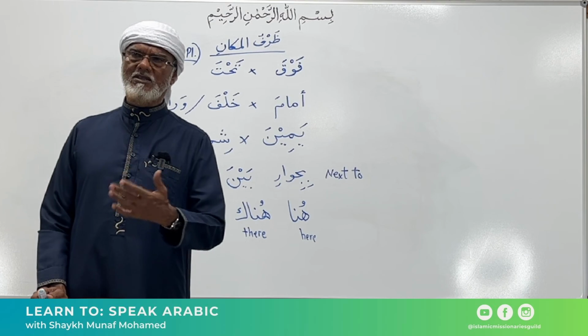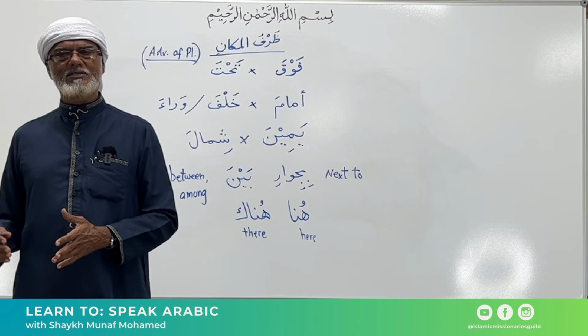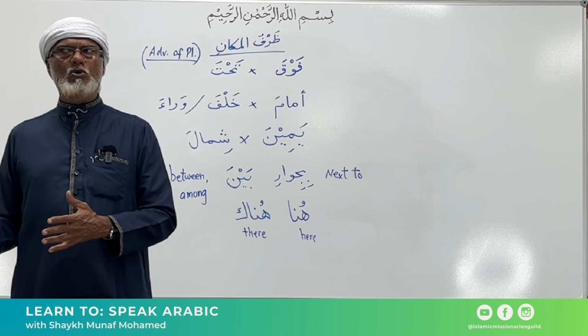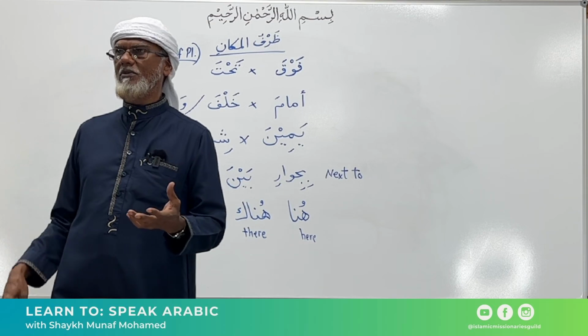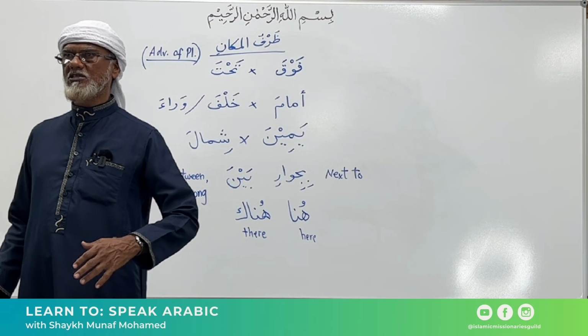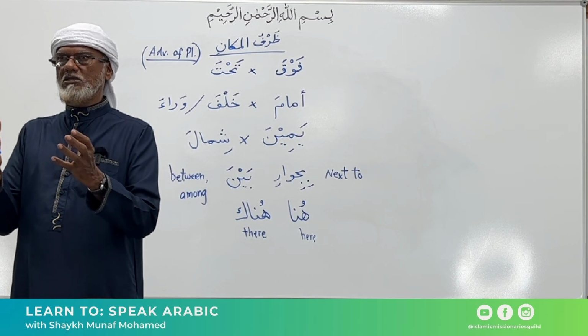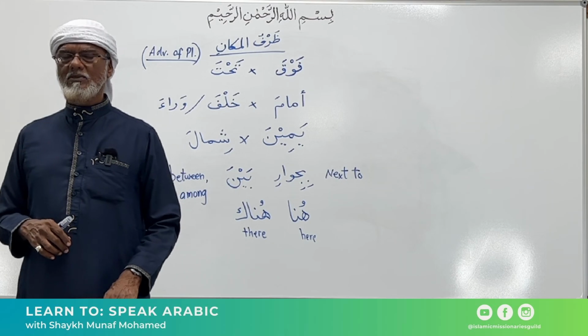Some people might say it functions as a preposition because it's a different word and it has no connection as the possessive case does, right? When you're talking about the possessive case, the two nouns are associated with each other, and connected to each other, right?